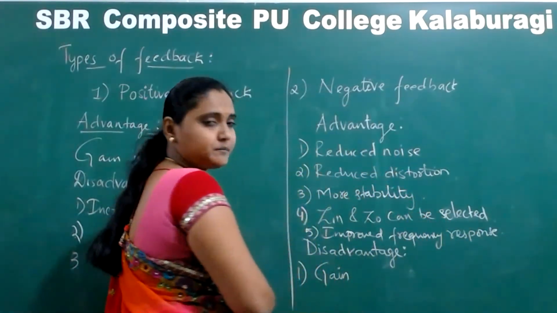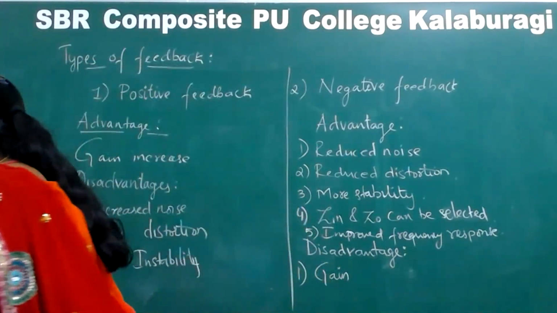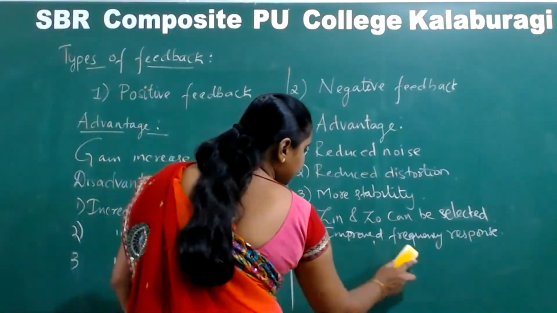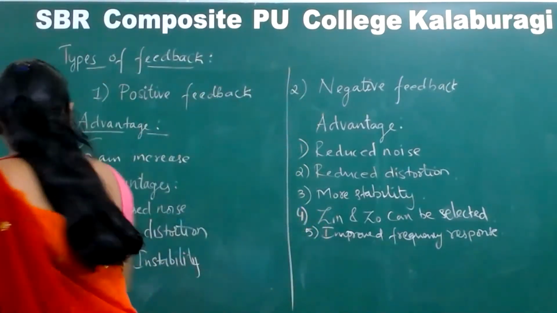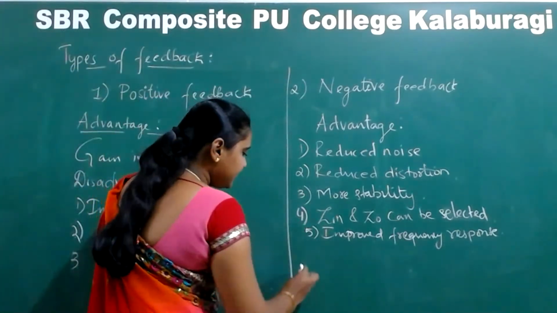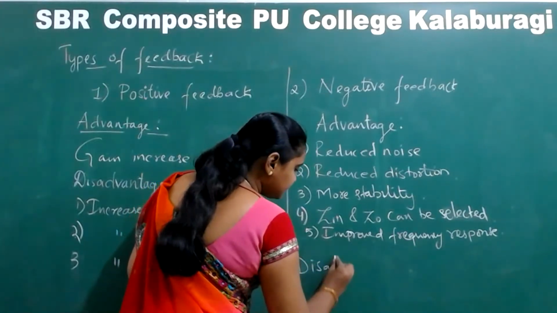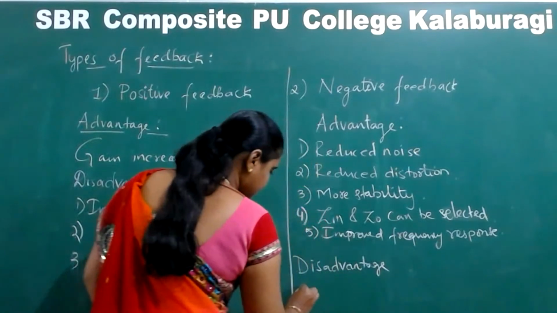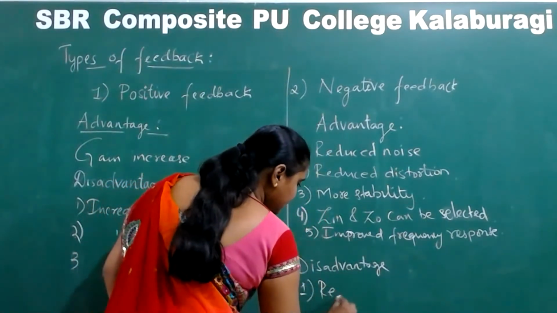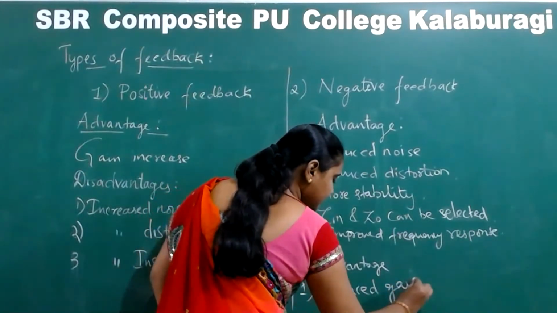So the disadvantage is with the gain, because of the negative feedback. What happens? Reduced gain.